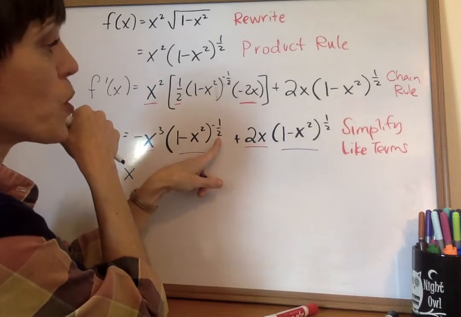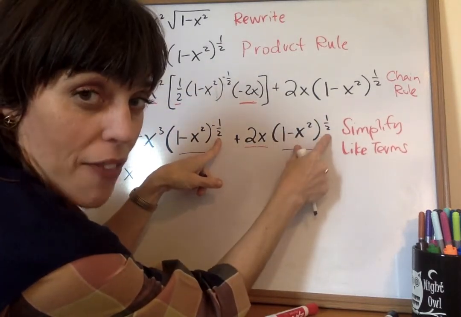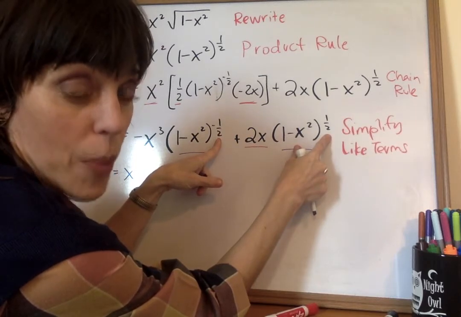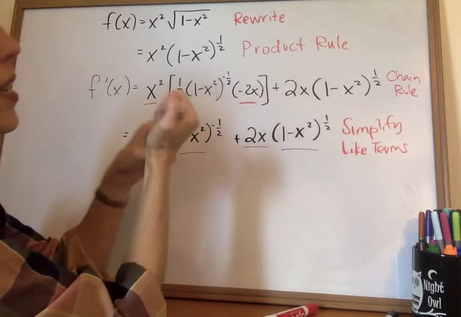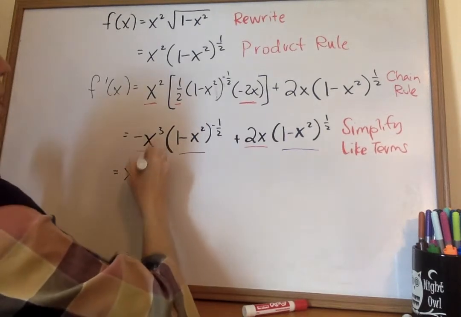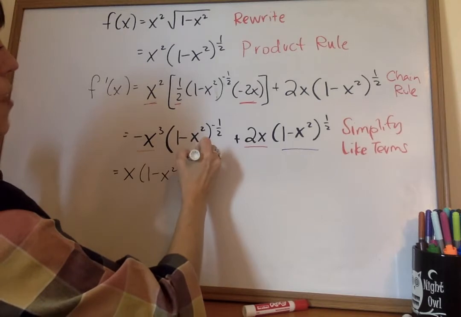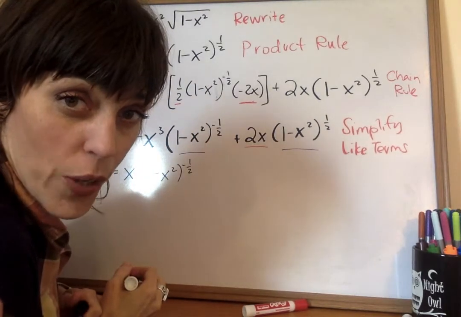So if we have an exponent of negative 1/2 and an exponent of positive 1/2, the negative exponent is going to be the smaller exponent. So the other greatest common factor that I'm pulling out of this is 1 minus x squared to the negative 1/2. That is my GCF, okay?